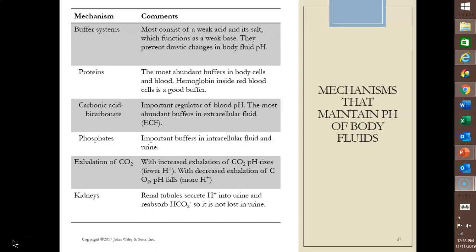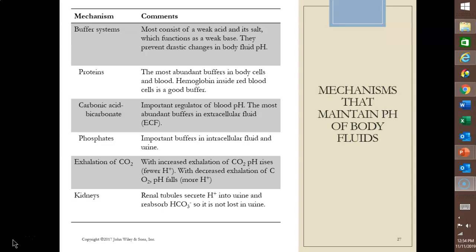In addition to that, we have the physical buffer systems, such as altering the rate that we get rid of or retain CO2, which is going to be directly tied to the creation of carbonic acid and the release of those hydrogen ions. So the more CO2 we retain in the body, the more acidic body fluids become.